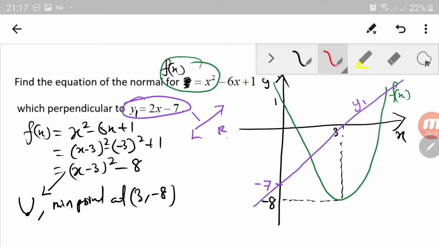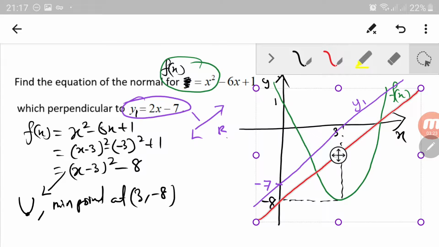But before that we have to get a line y2. Okay, I erase this y2 first.